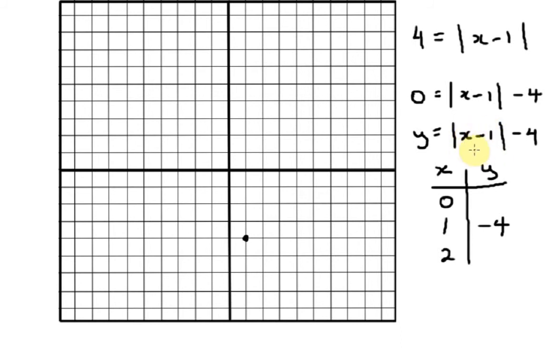But I absolute value that, so it becomes positive 1. And positive 1 take away 4 is minus 3. Now the exact same thing is going to happen when I plug in that positive 2. So when I plug in the 2, I get 2 minus 1 is 1. 1 take away 4 is negative 3 as well.